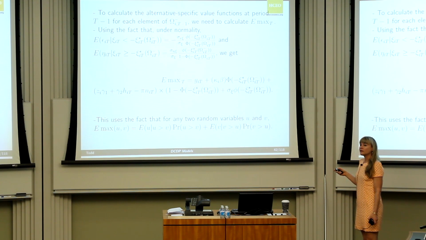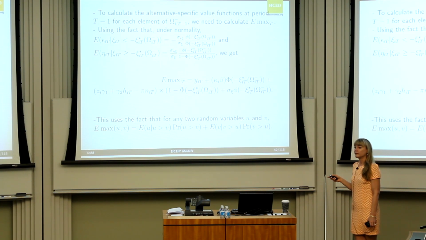If I'm rephrasing what you're saying, pretend we don't have a whole lifetime of working. Pretend we're just like 3 periods, right? So in the last period, we have to solve this Emax. Basically, we're finding out the probability of making each of these choices in period 3, given that we may have had 1 year or 2 years or 0 years of work experience at that point, given the shocks we're going to get then.